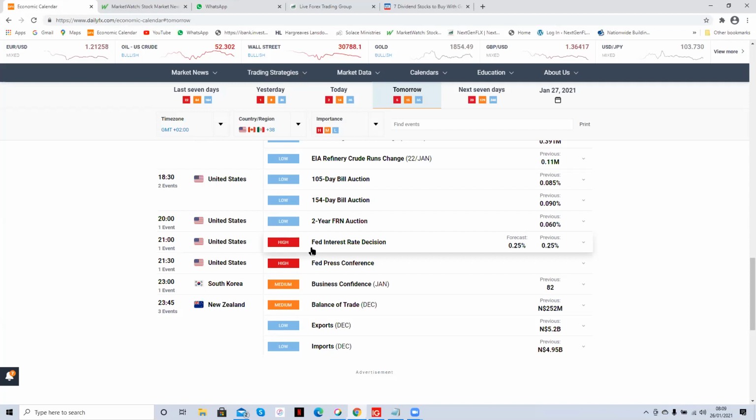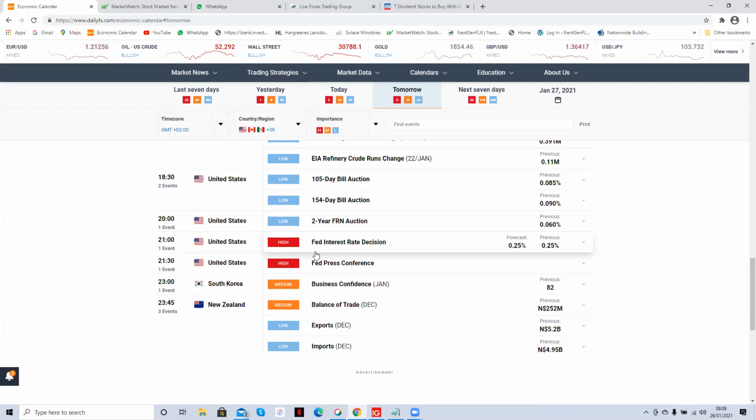So that's another reason why we need to be careful trading today, because everybody knows that report is coming out tomorrow. It's of huge significance. And there's a likelihood the markets could just trend sideways all day today till that report tomorrow evening. So that's another reason to be careful trading today.